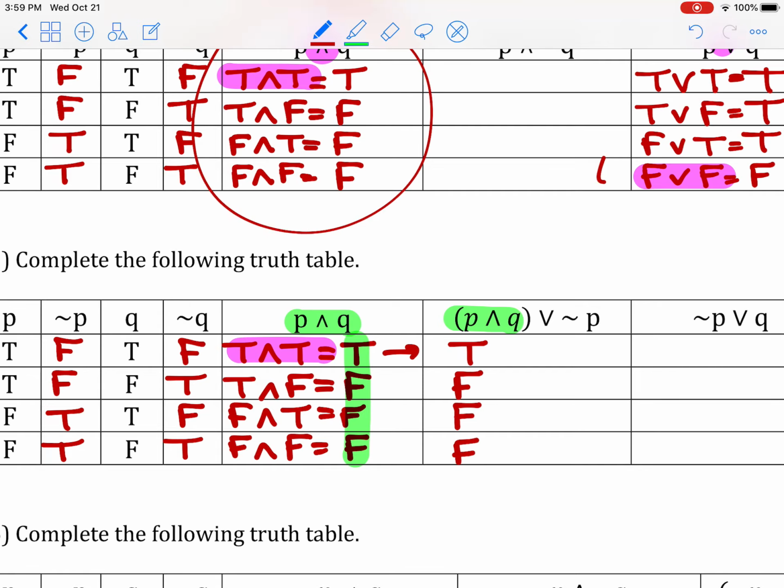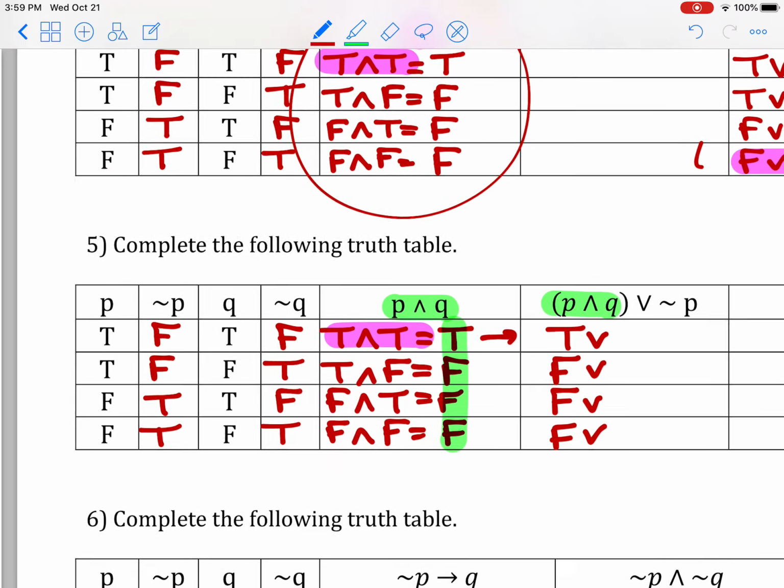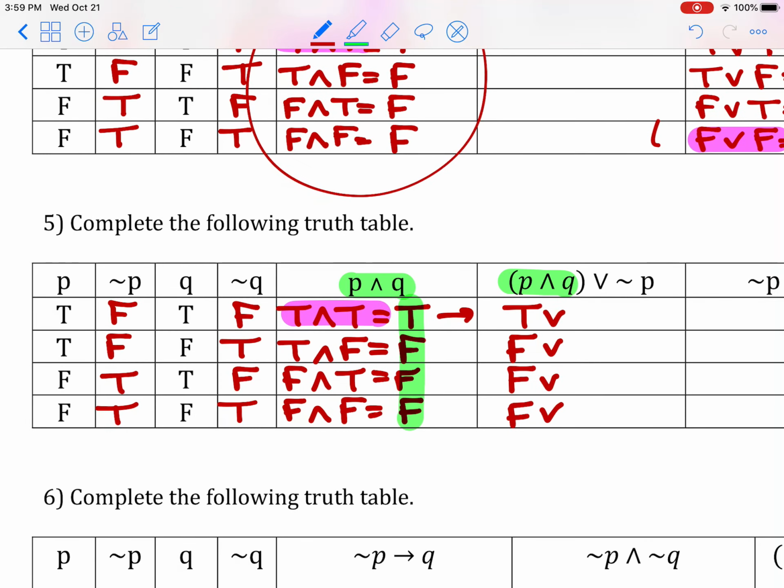That information just came from what I highlighted in green. Now my symbol is or, so we'll put that there. And then we bring over the not P column, which is false, false, true, true. Because it's an or symbol, we're looking for the one that is false, false. I see that right there. That one is false. All others are true.